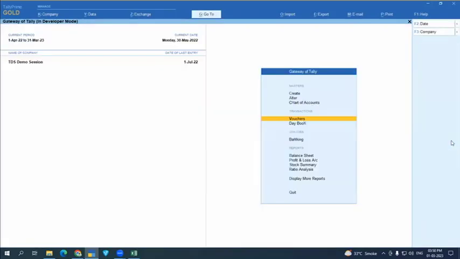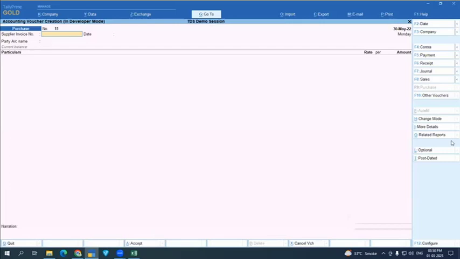Okay, so first we are moving to the remaining portion, then we are again going to 26Q, and let's see what happens. Now in 26Q we know something is there which is not deducted by the user, means the user has missed deducting TDS. Okay, how to sort this matter? First thing, let's go to voucher, put your date.